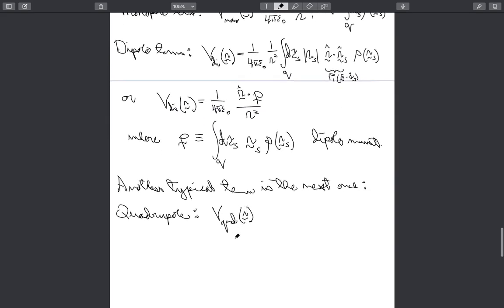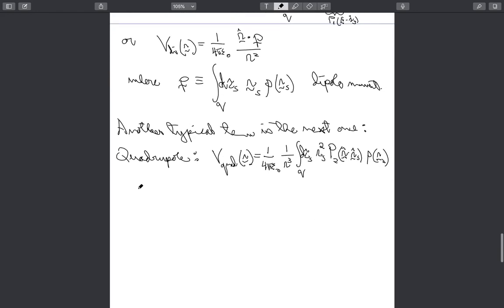Okay, so what is this? 1 over 4 pi epsilon 0. Now I've got a 1 over R cubed, integral over my volume d tau source of r source squared, right? So this is just the length of the vector. And now I have P2, the second Legendre polynomial, of r hat dotted into r source hat, with the rho of r source.